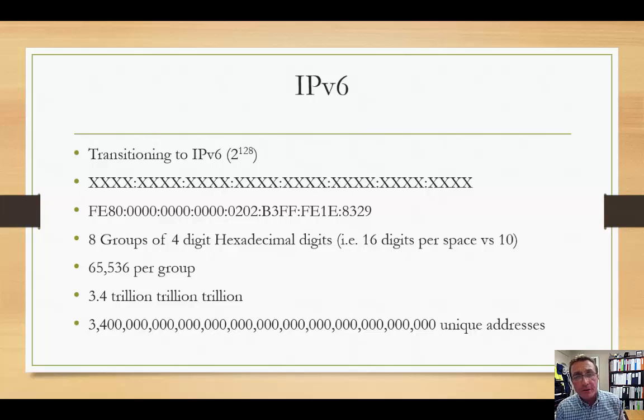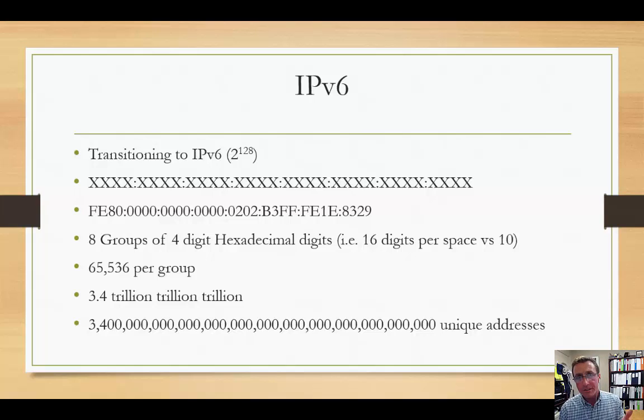They are transitioning. We've been into it just over 2 years now, to IP version 6. This has a much greater range of IP addresses, and you can see it's a different format. There are 8 groups of numbers there. It actually uses hexadecimal. I know that's getting way out there, but it's 8 groups of 4-digit hexadecimal numbers.